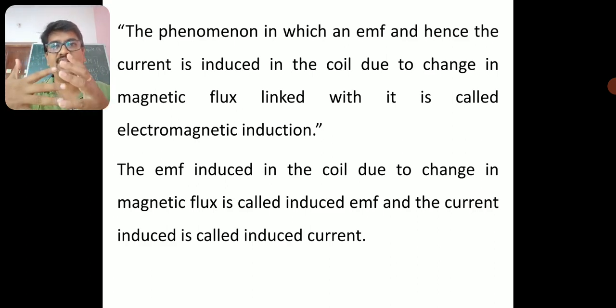The magnetic flux linked with the coil means the number of magnetic lines of force passing through the coil will keep on changing. If it keeps on changing, certainly an EMF is induced in the coil, and a current is induced in the coil. This process is known as electromagnetic induction.